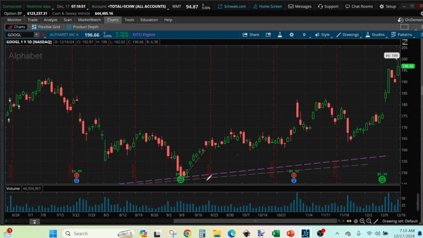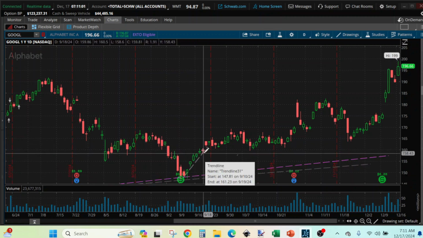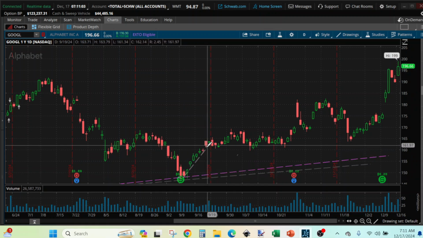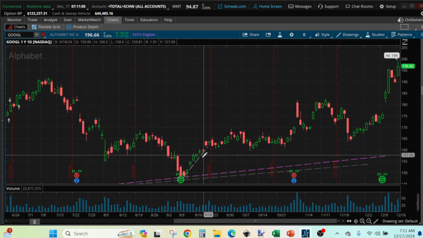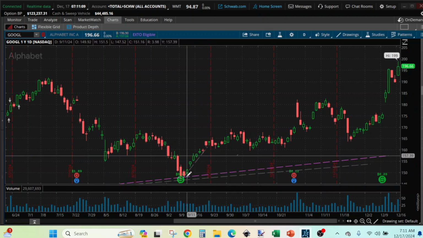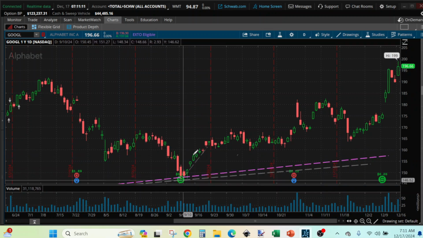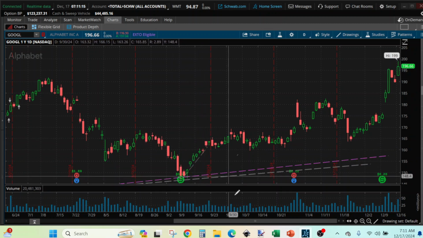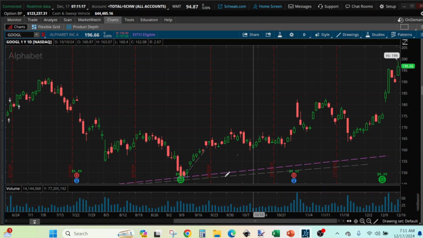So yes, we want to buy it at the trend line, but it does not necessarily have to be right at the trend line. We want it to touch the trend line or get very close to it, start going up from there, pull back, and start going up again, so we can really see that uptrend feel, and then we can get in. So we may not get in right at the trend line, but at least it prevents us from buying too early, and then it turns and aims for a lower trend line.